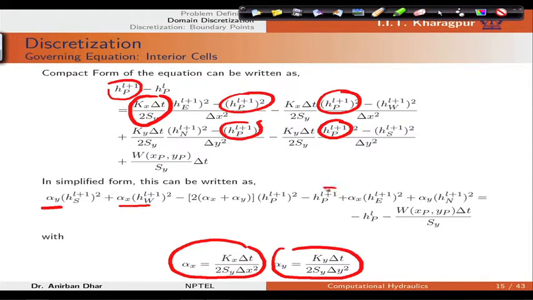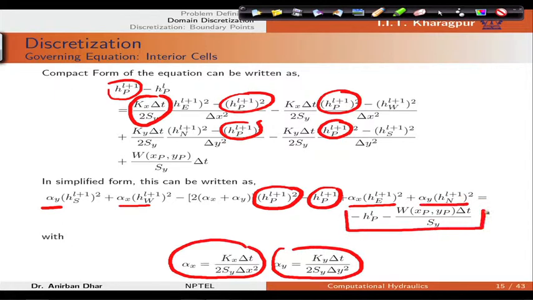This is not a square term. Remember that this is not a square term here, but this h p is a square term. Now, another term will be there, alpha x h e square, alpha y h n square. So, on this side we have all known quantities. Now, this is the discretized form for interior points.